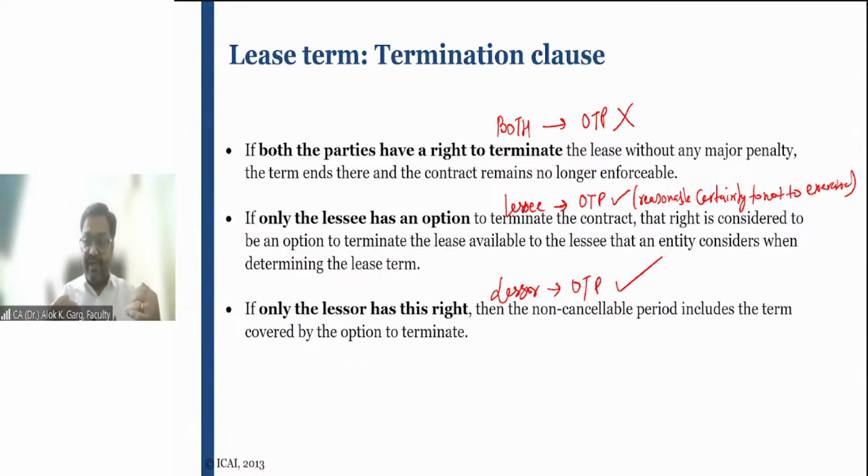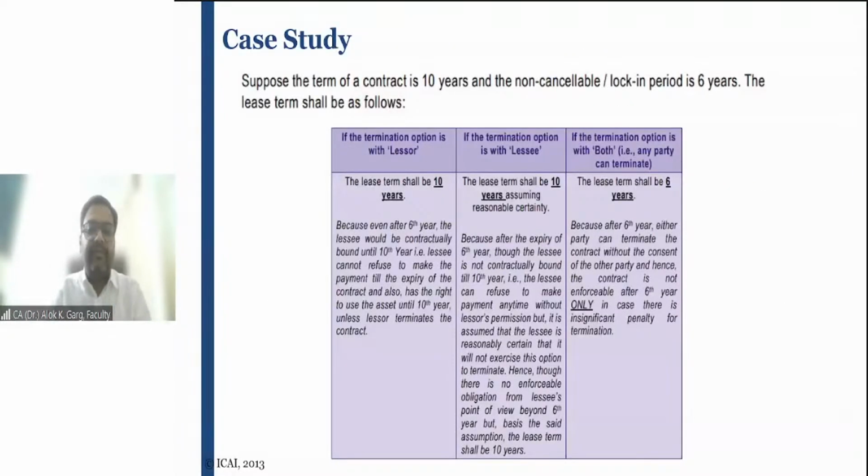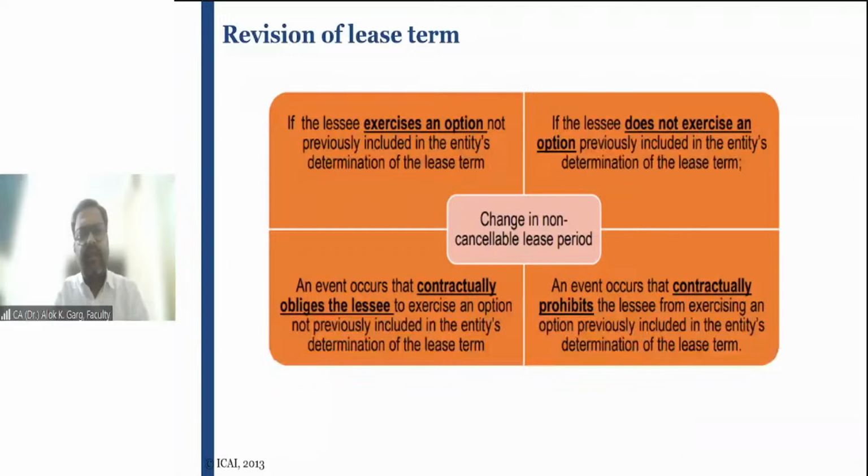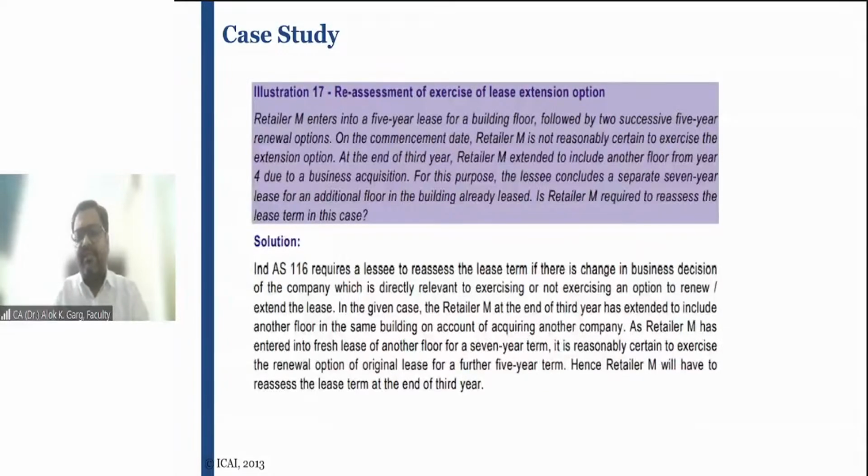If only the lessor has a right to terminate, in that case, you have to include the optional termination period in the lease term, right? So these three things we have discussed that day. Reassessment of lease term: we discussed that wherever there is an optional renewal period or optional termination period, you are required to reassess your lease term on a continuous basis.